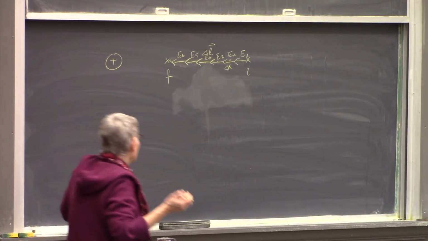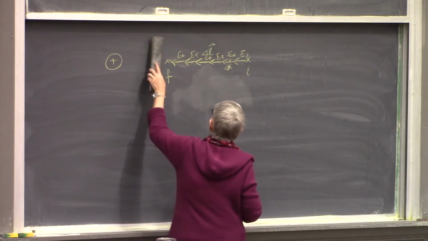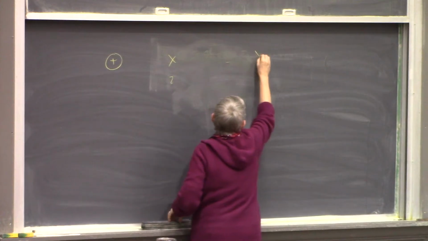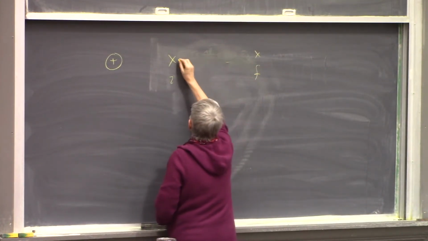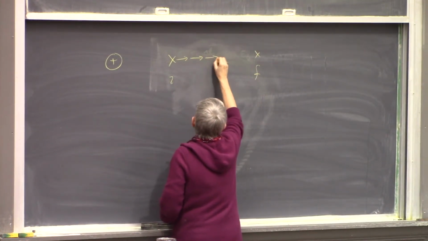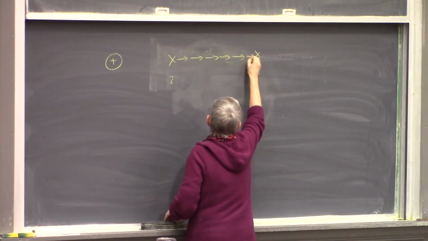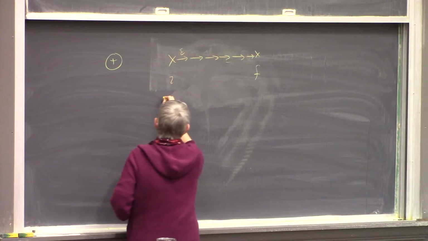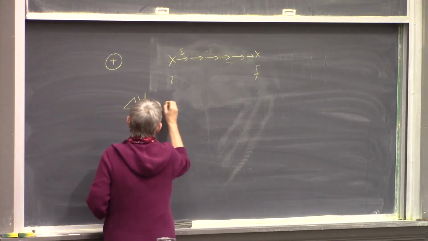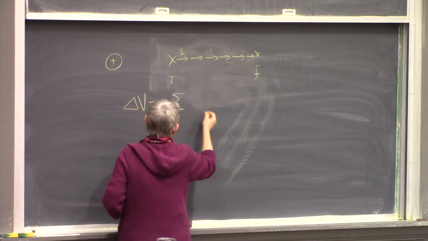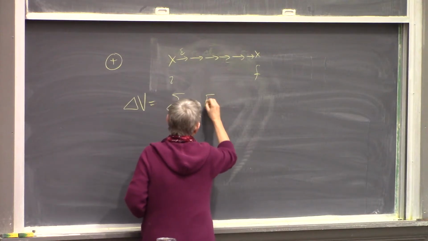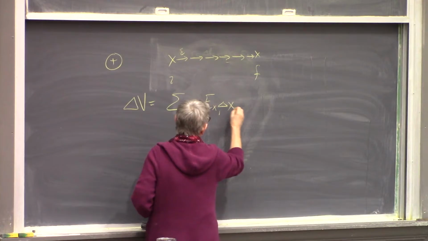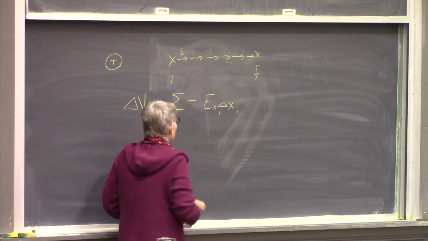And if we had a path going the other way, we could do the same thing, right? So if this was our initial location and that's our final location, we can take lots of little steps here and calculate E at each point. So what we're going to get is delta V is the sum of minus Ex_i delta x_i, the sum over i.